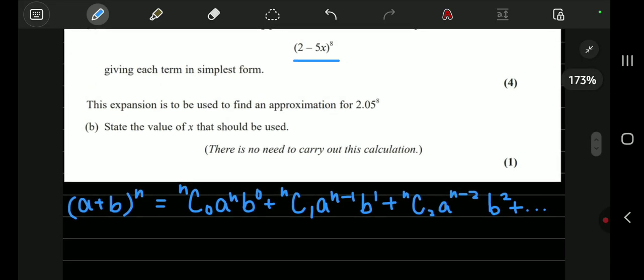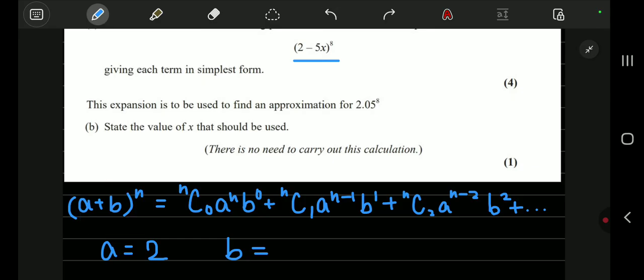So here what are your a, b and n? A here is 2, and b we are going to take to be minus 5x. It is better if you take the positive formula.